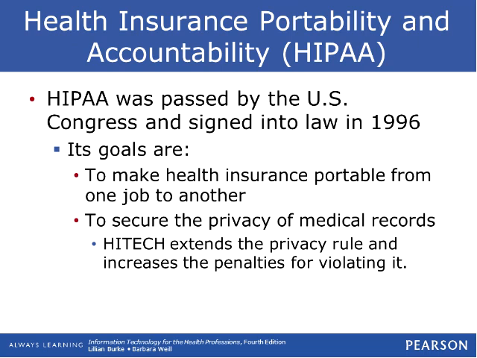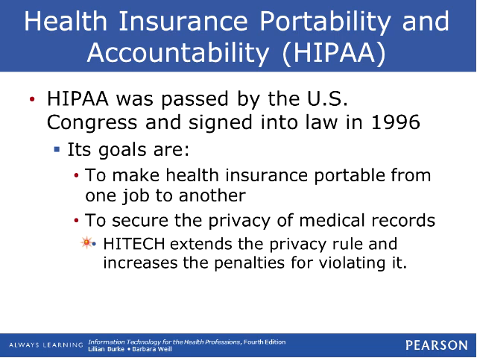Now HIPAA, Health Insurance Portability and Accountability Act, was passed by the United States Congress and signed into law way back in 1996. The goals of HIPAA were to make health insurance portable from one job to the other, so that your health insurance didn't go away, if you will, the health insurance was portable from job A to job B. It was also to secure the privacy of medical records.